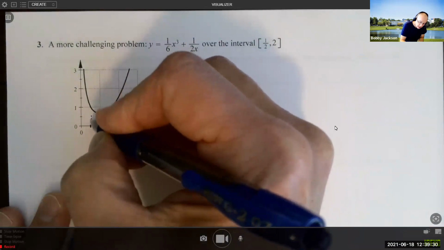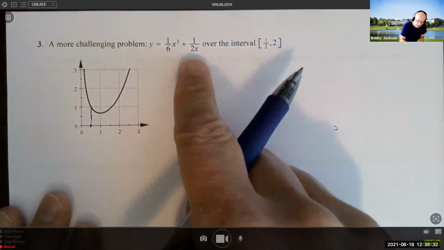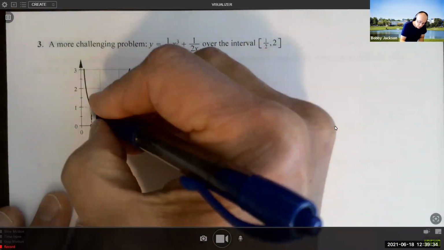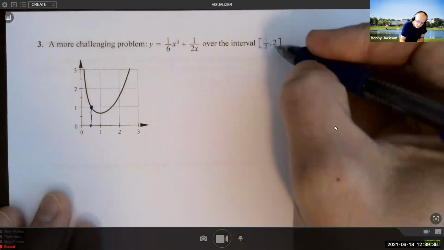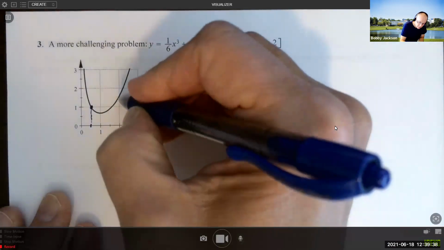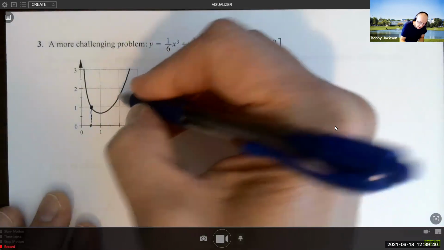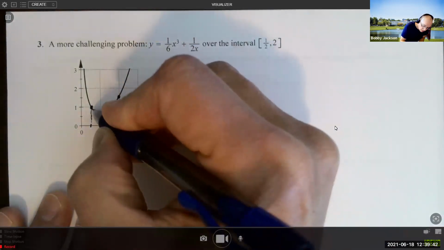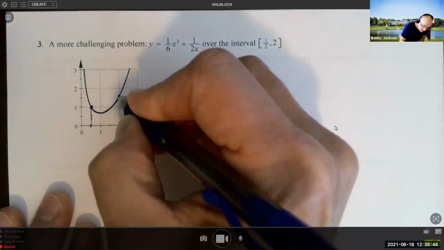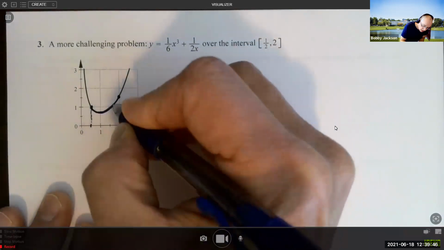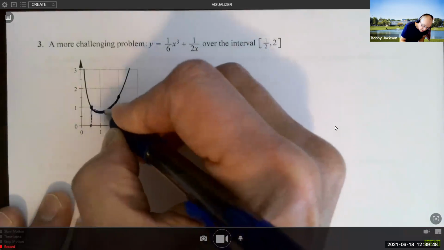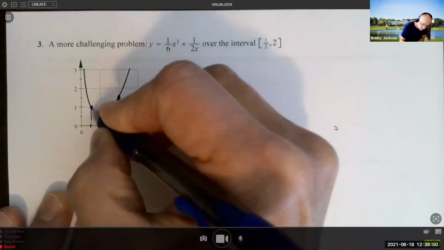If you plug 1/2 into this function, you get an output of 1, all the way up to x equals 2. The length we're looking for is this segment of the curve. What's the length as we go from one point on the curve to the other?